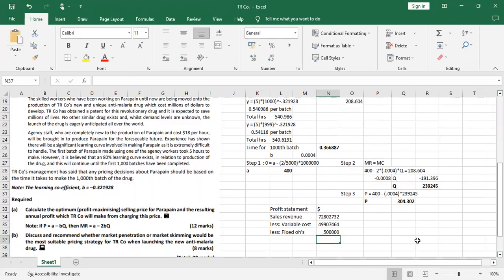So here we have fixed overheads of $500,000. Any question related to these values? No other cost is provided in the question, so we can calculate the profit.